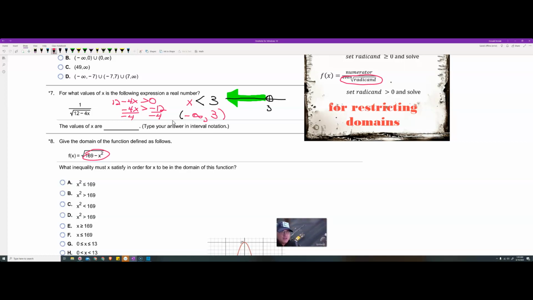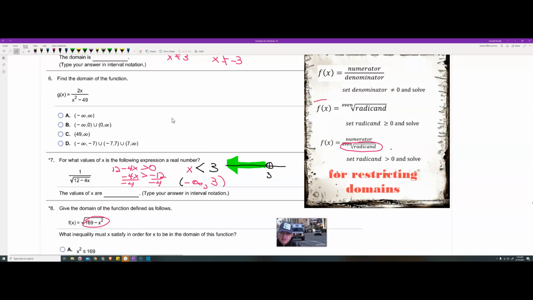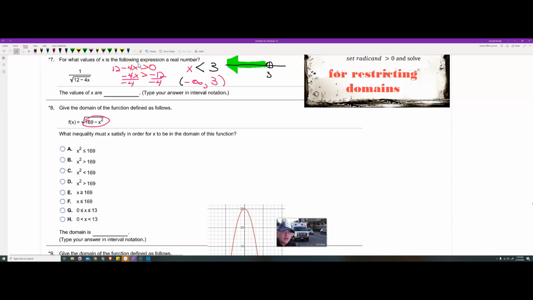I know that in that particular case, that looks just like this. So I am going to set my radicand greater than or equal to 0. So I've got 169 minus x squared is greater than or equal to 0.